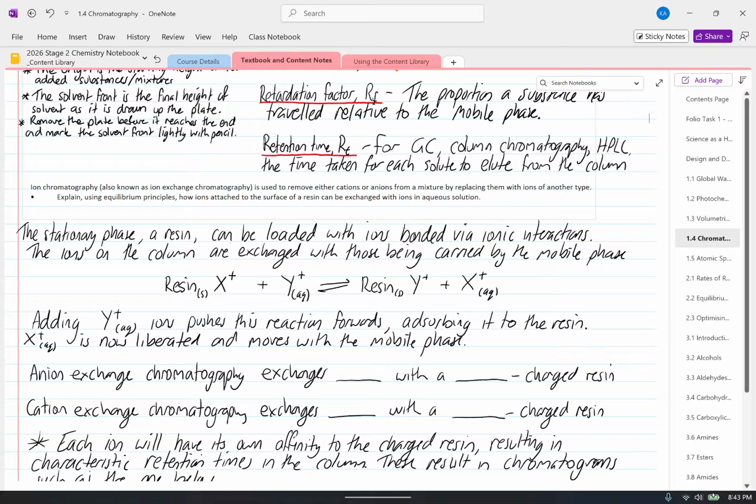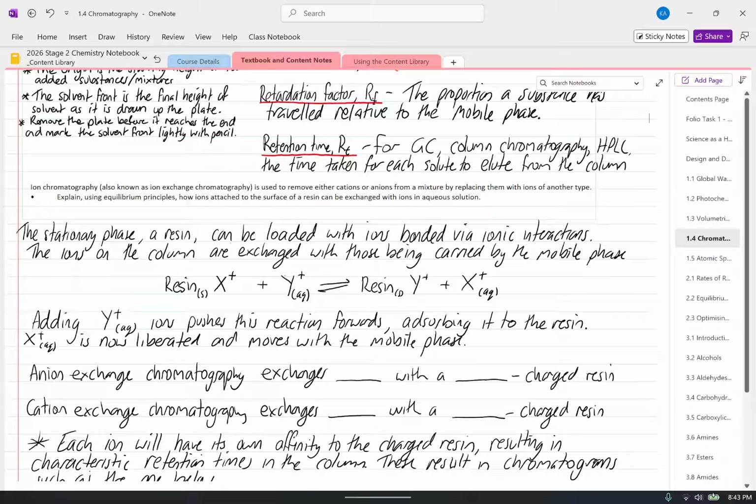So you have a stationary phase again, but it's what's called a resin, a plasticky sort of substance, and as part of its material it can bond or attach to ions.